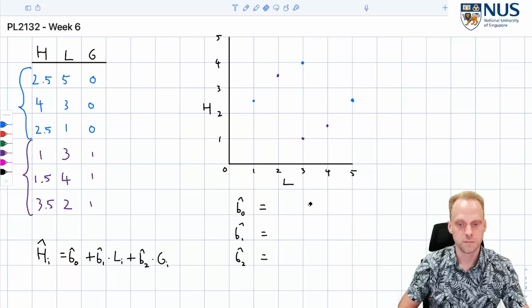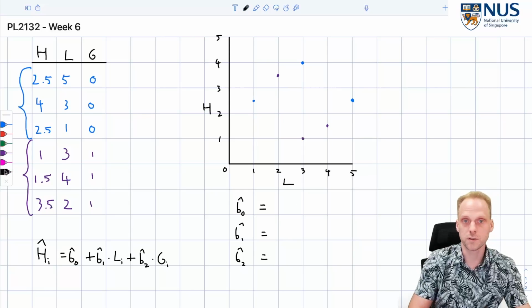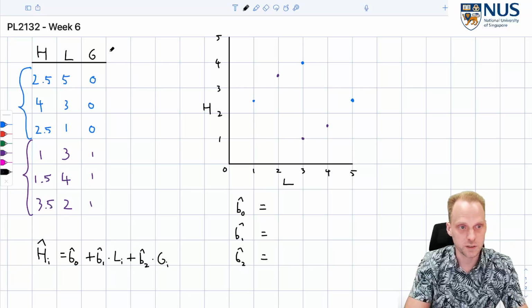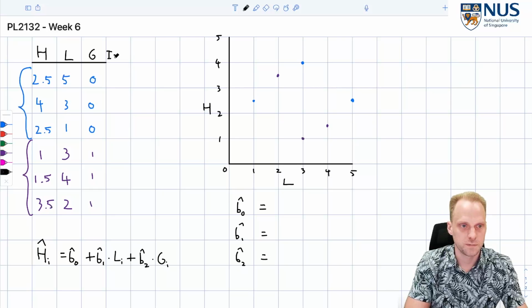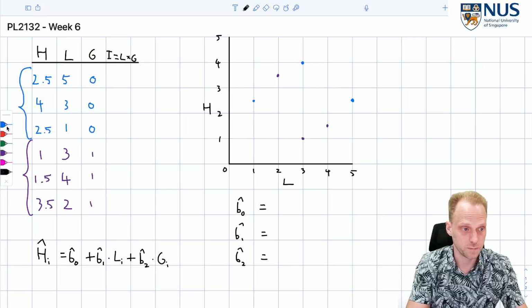And now I want to add an interaction term to this model. And the interaction term, I'll call it I, is quite simple. It is the loneliness times the group. So that means we multiply 2 values with each other to get this value.